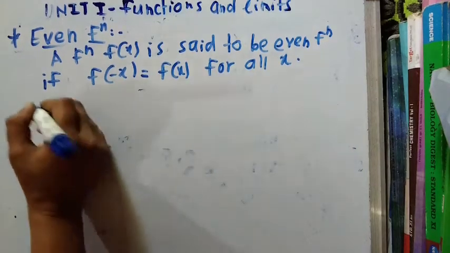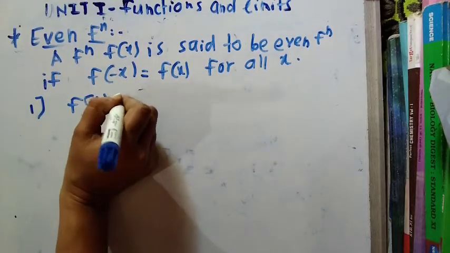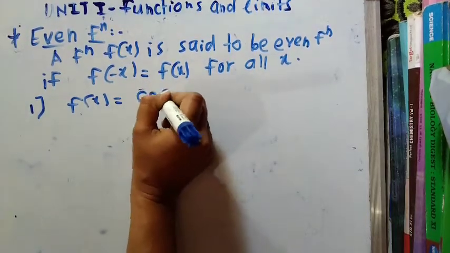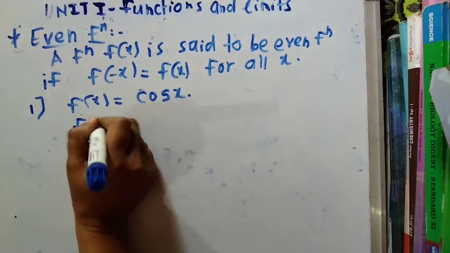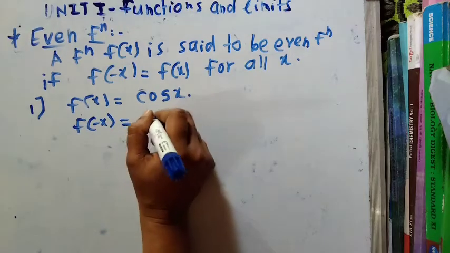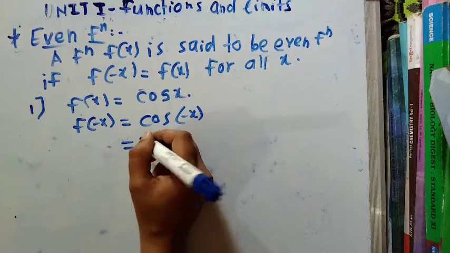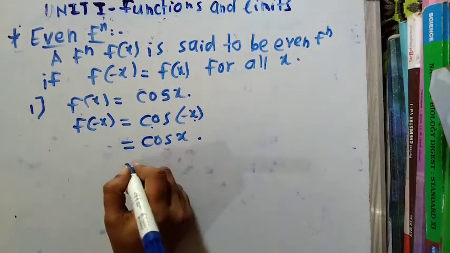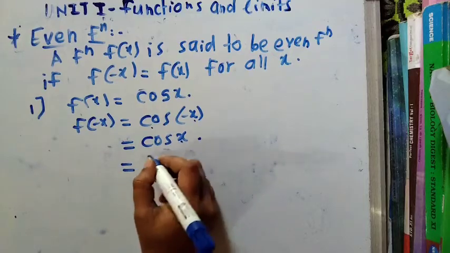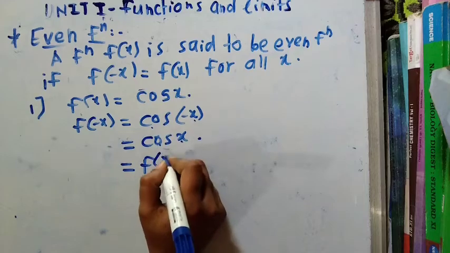First example, suppose f of x is equal to cos x, then f of minus x is equal to cos of minus x, which is cos x, but cos x is f of x.